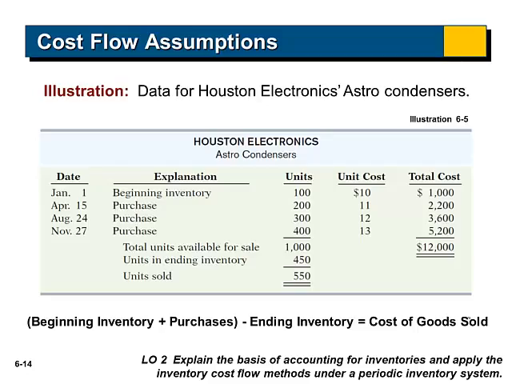So they bought 200, 300, and 400 condensers so that they had 1,000 units available for sale that in total cost $12,000. Their unit costs, each time they bought them, kept going up. So they were buying at $11, $12, and $13 throughout the year. So when we open up the warehouse doors for Houston Electronics, we will see 1,000 condensers that all look the same.